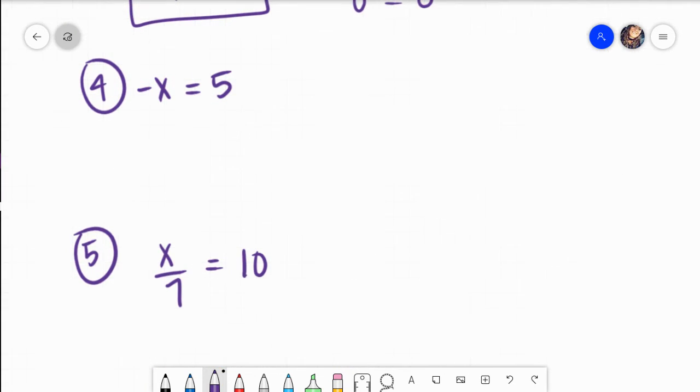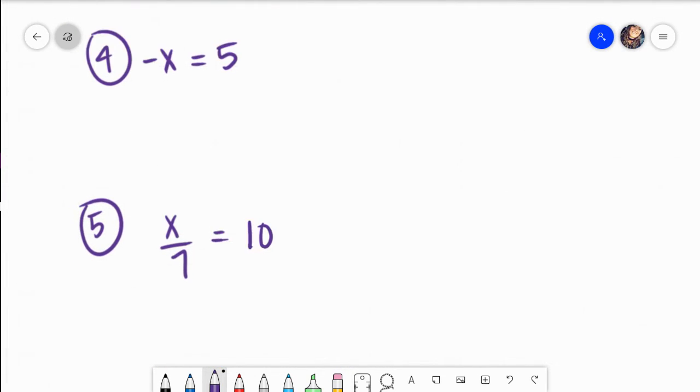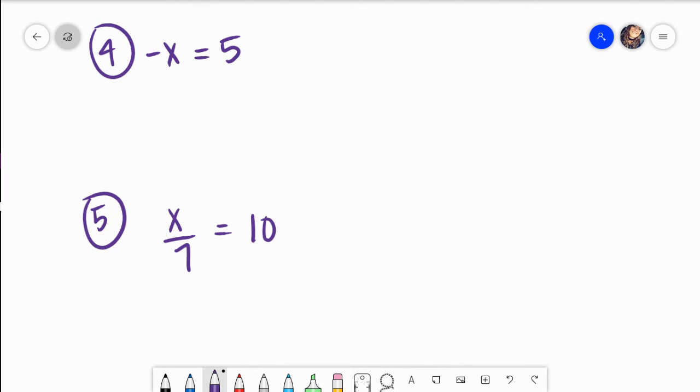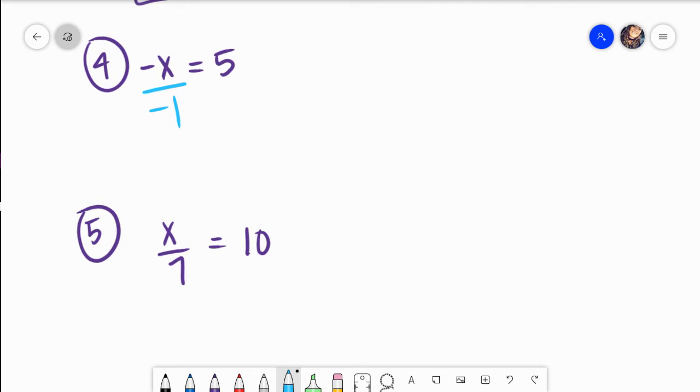Okay, so right here, this one almost looks like it's solved. It has x equals, right? Well, the only thing is it has an additional thing going on with it. It is being multiplied by a negative sign, which technically means it's being multiplied by a negative 1. So we would do the opposite of multiplication, which is division.